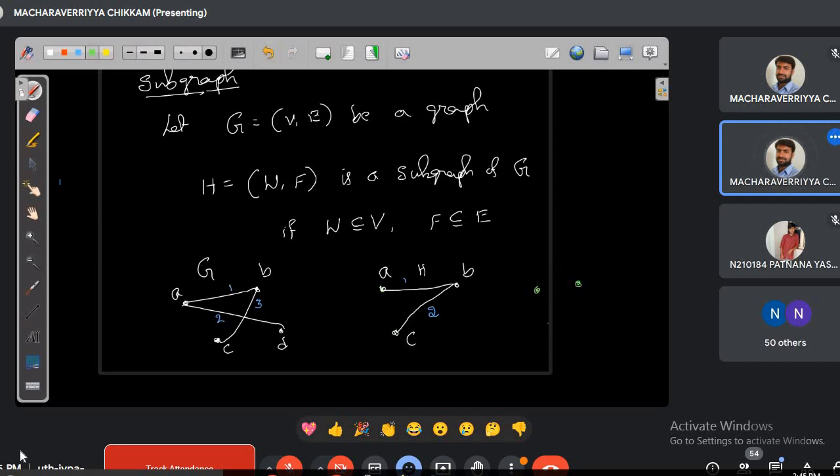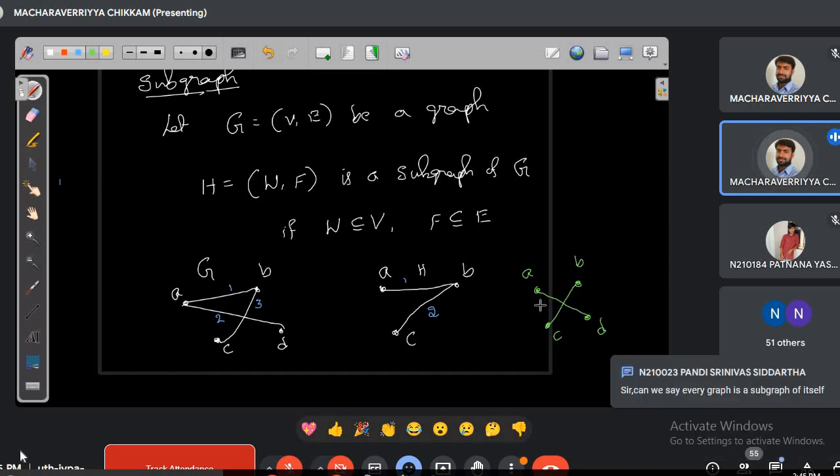Here I am taking 3 vertices again, A, B, C. This is another subgraph of G. Okay, if you want, you can take the other vertex D also. Fine. So this is also a subgraph of G. Even if I take this edge, this also becomes a subgraph of G.